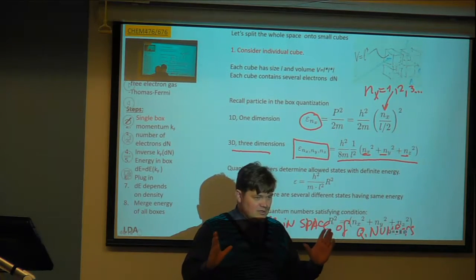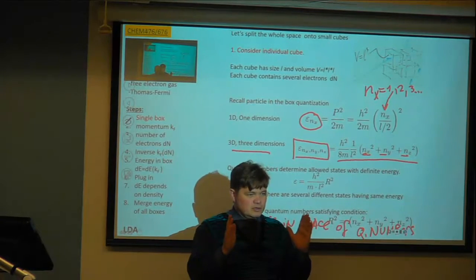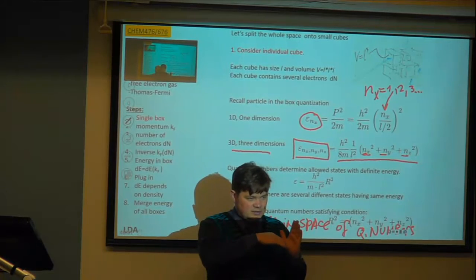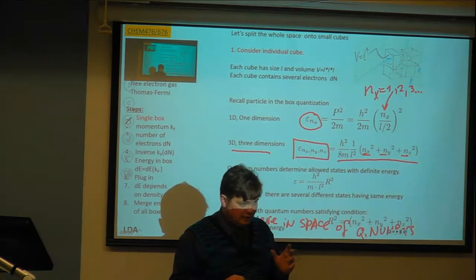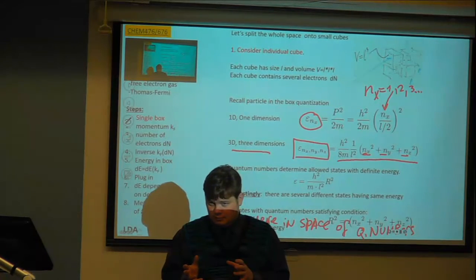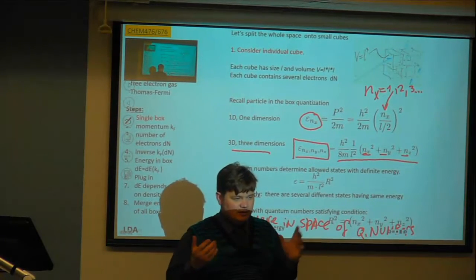So if you assume that there is a box and the particle doesn't leave the box, one can assume that there is no potential inside. It reflects from the walls and forms standing waves. And for the standing waves, you can find energy, right? Sounds reasonable. Standing waves, electrons, and for each standing wave you can find energy.